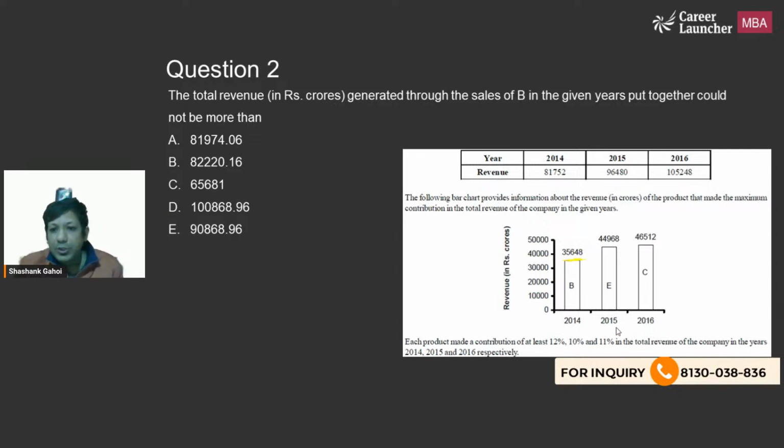So now basically here, what we can say is that this is 43%, right? We got this value as 43%. What is the value of E? That is 44,968. It should be close to how much? 45, 47%, something like this. This is also 43% only, around 43%, right? Okay. What is the value of C?